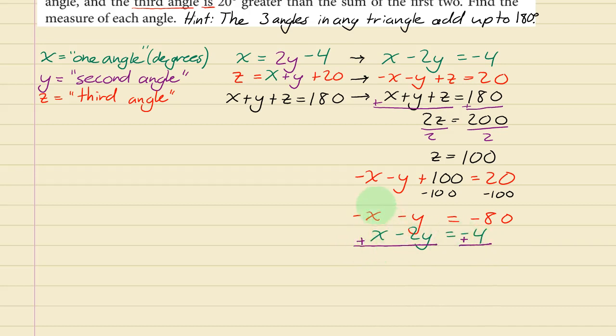Negative x plus x is 0, and negative y minus 2y gives you negative 3y, which is equal to negative 84. Here we can divide both sides by negative 3, and that gives you y equals 28.